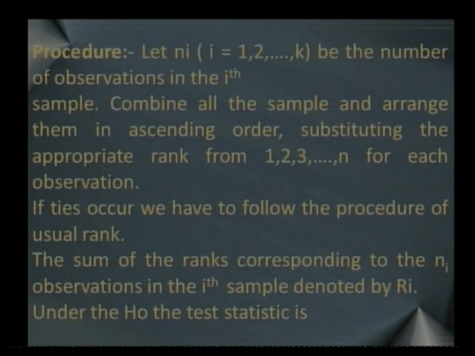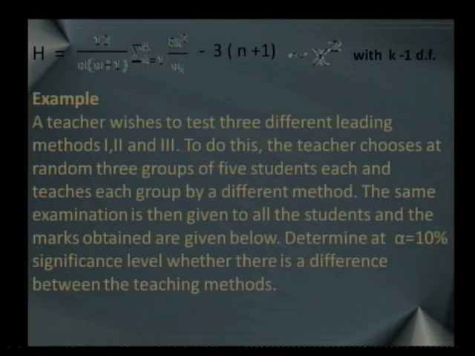Under H0, the test statistic is H equal to 12 divided by n into n plus 1, times the summation from i equal to 1 to k of Ri squared divided by Ni, minus 3 into n plus 1, which follows chi-square with k minus 1 degrees of freedom.